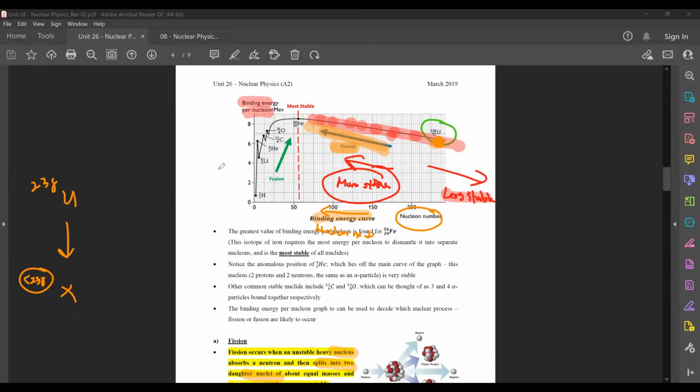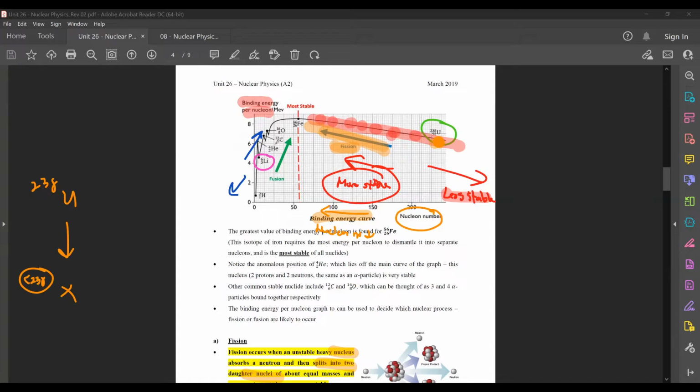Okay, a similar argument can be made if you're starting with an element from the left side of the graph. Say for example, you have a lithium element, lithium-6. If it were to undergo some sort of nuclear reaction, it has two choices. Either it goes up or it goes down.